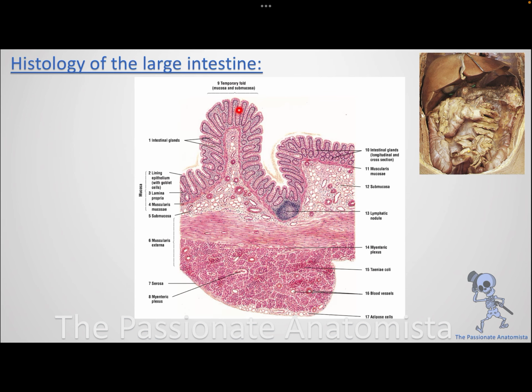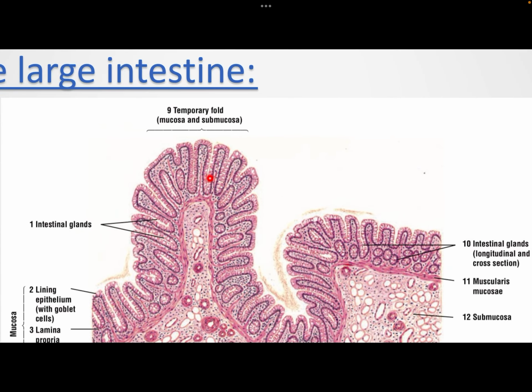Can you see how many empty spaces I have here for the goblet cells in the colonic crypts? Can you see a lot of spaces for the goblet cells? It means this is the large intestine. Now we are reaching a level where we are excluding the features of the other organs to know how to identify between them, because now you know the difference.